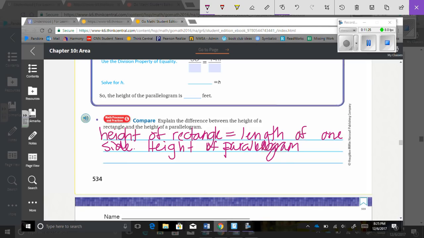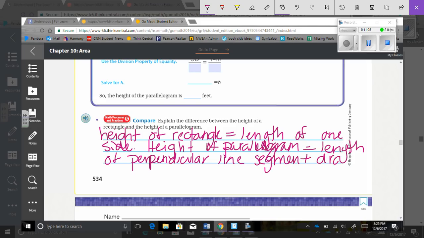So it's the length of the perpendicular line segment drawn from the base to the opposite side. And just a reminder of what perpendicular means: it's intersecting with a right angle.